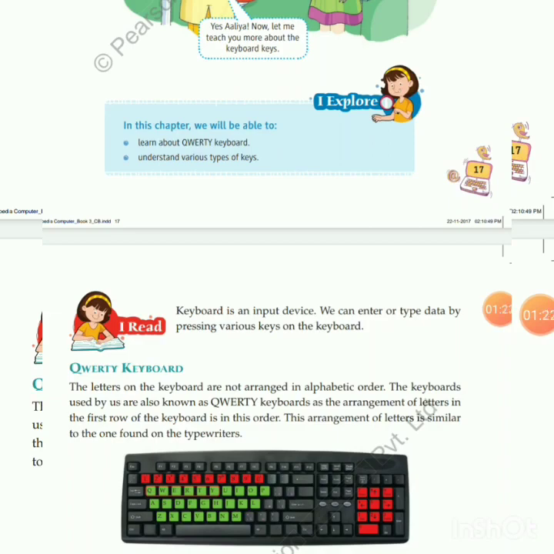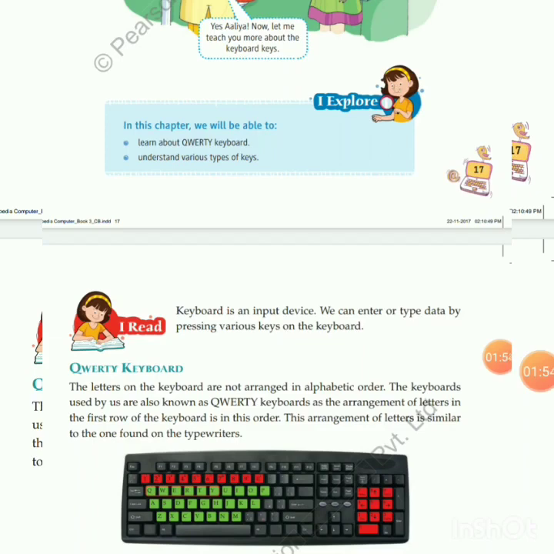If you see the keyboard, the first row of the alphabet keys, there is written Q, W, E, R, T, Y, QWERTY.